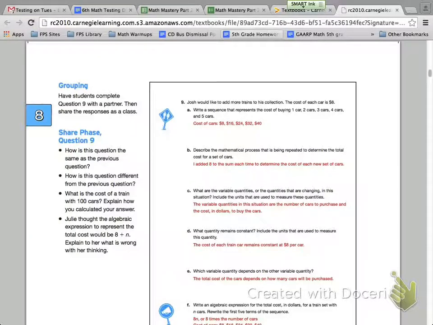We're going to start today's lesson by taking a look at your homework from yesterday. Yesterday we were working on algebraic expressions, and we were taking a look at some different scenarios, and learning about some new key terms like quantities and term and sequence.